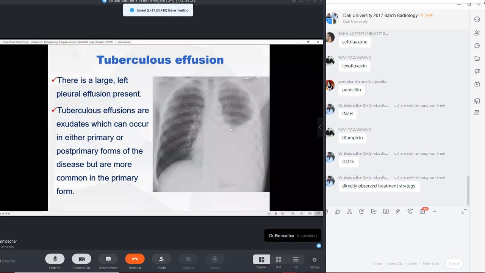There is an opacity obscuring the shadow of the lower lobes of the lungs. The cardiophrenic recess is completely obscured, it is not seen. And it means that the patient has pleural effusion.